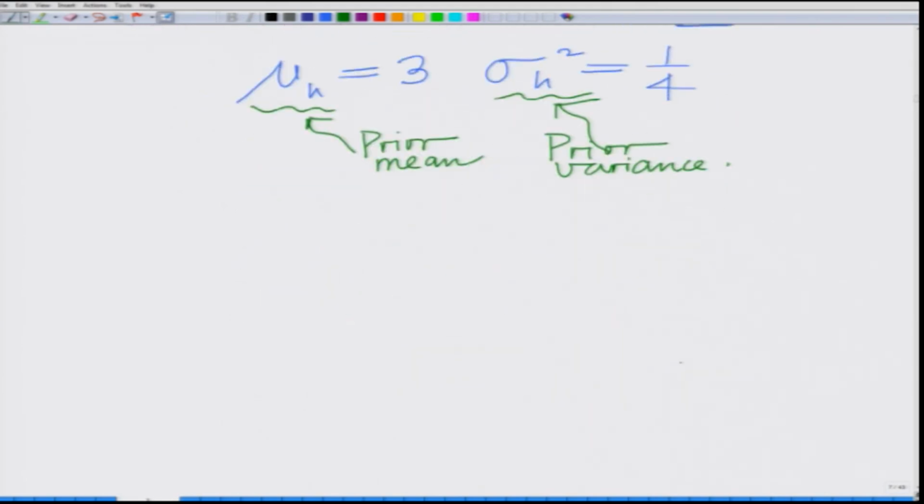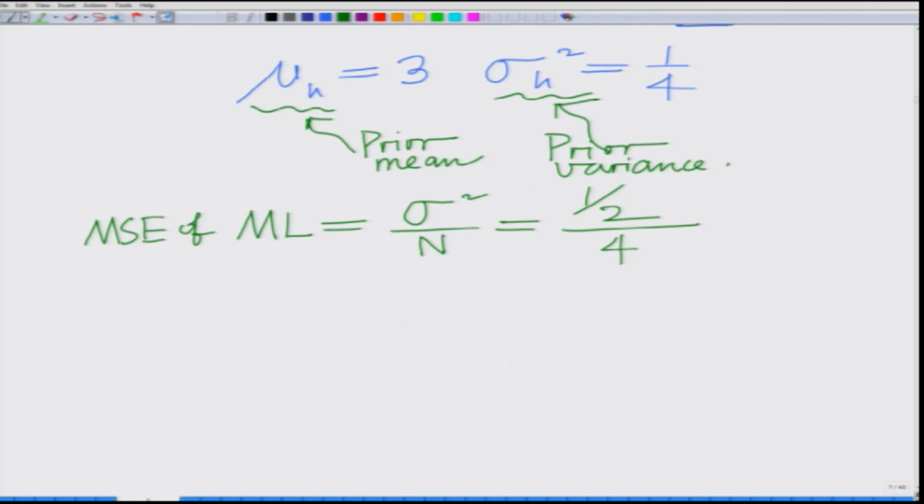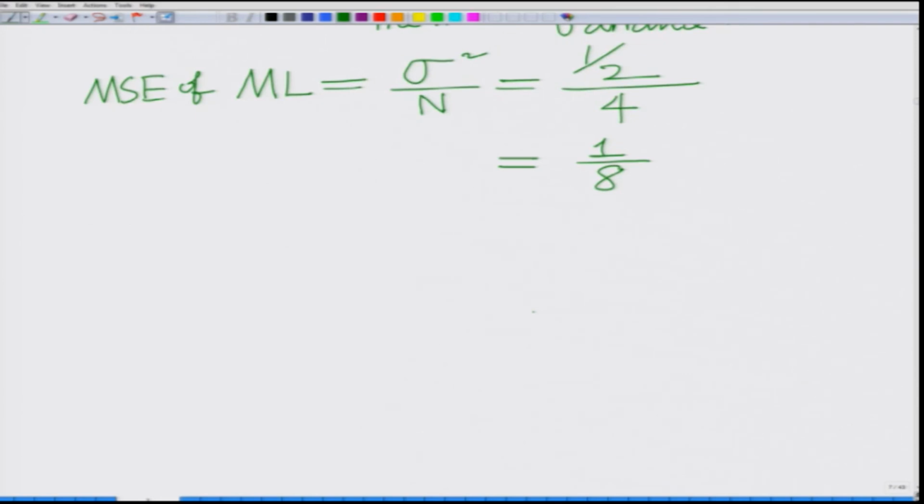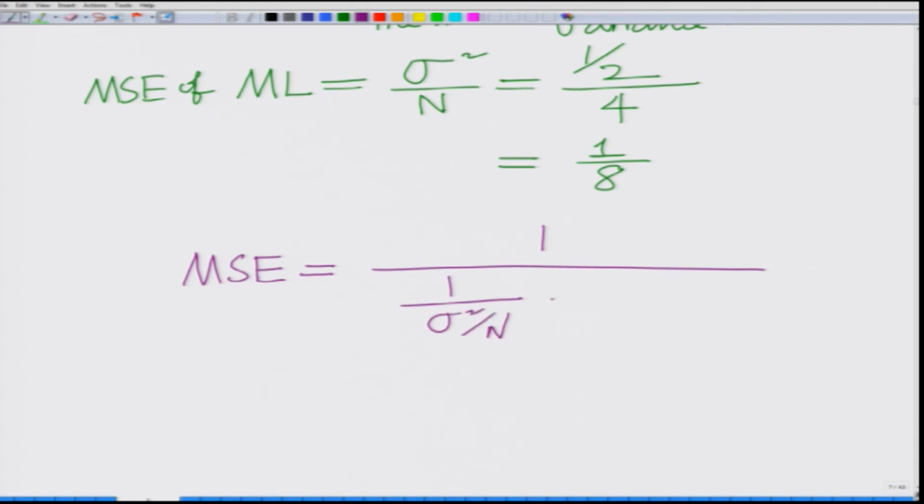Therefore, now we have all the ingredients. The MSE of ML equals sigma square divided by n, that is sigma square is half, divided by n is 4. So, this is equal to 1 by 8. And therefore, the net MSE equals 1 divided by 1 over sigma square over n plus 1 over sigma h square.